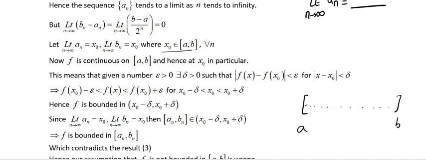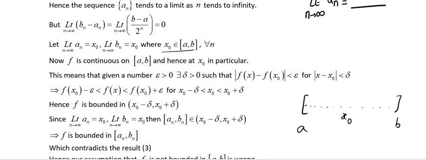Now we consider x naught is a point on closed interval a comma b. That means f is continuous on closed interval a comma b means f is continuous particularly at x naught.